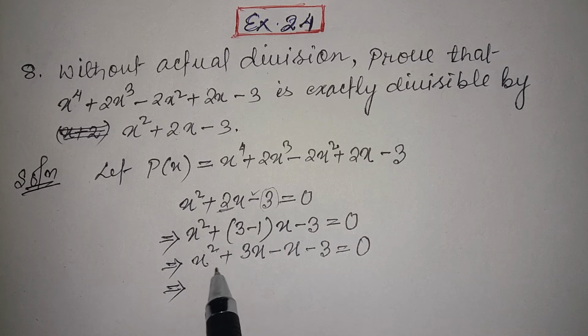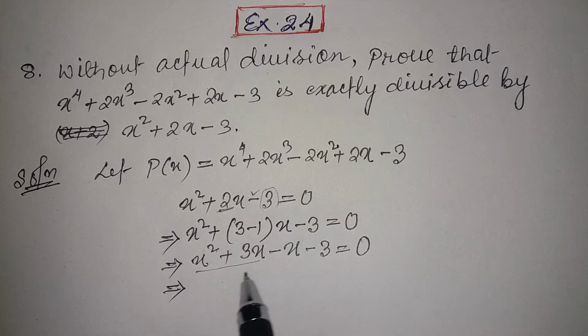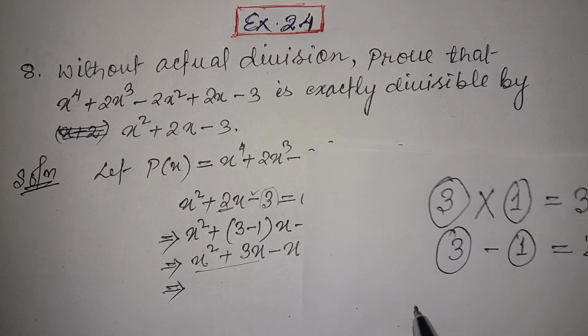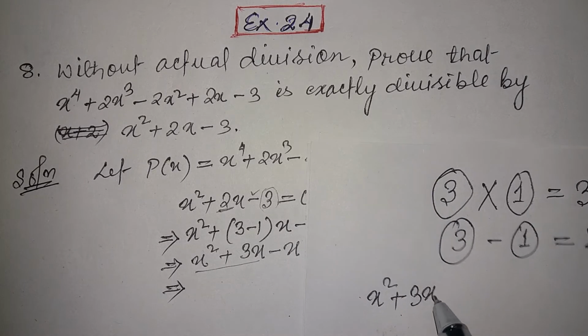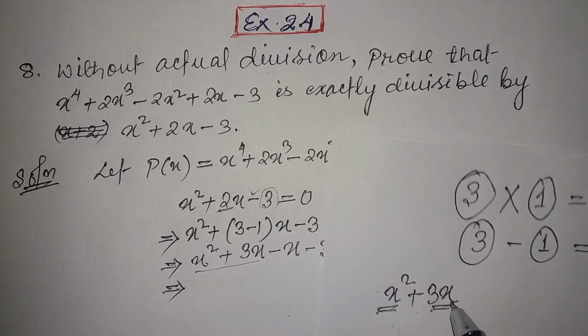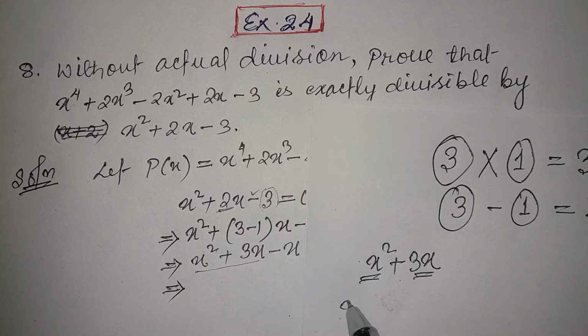Now we're going to take common. Remember, taking common is nothing but dividing both the terms by a common term, a common number. So here in this case, x squared plus 3x, these two terms we can divide both of them by x.